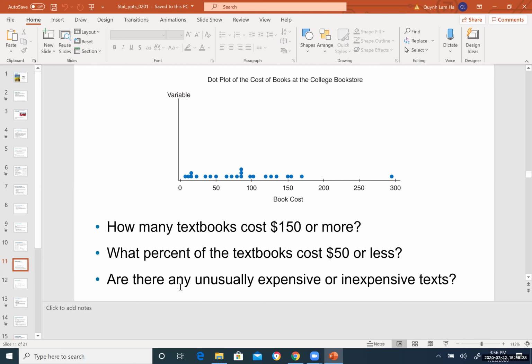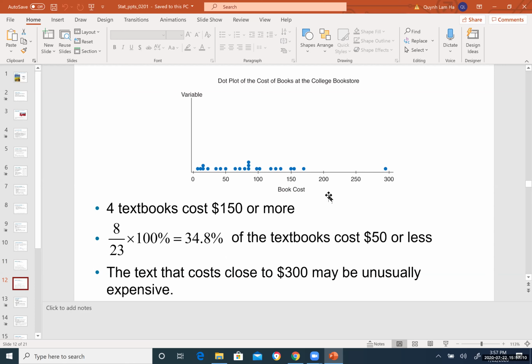Next question: are there any unusually expensive or inexpensive textbooks? Inexpensive textbooks would usually be close to $0, right? But it looks like all the data is spread evenly. Especially this 300 is very expensive. So this is unusual. Like I said, the word for this is outlier.